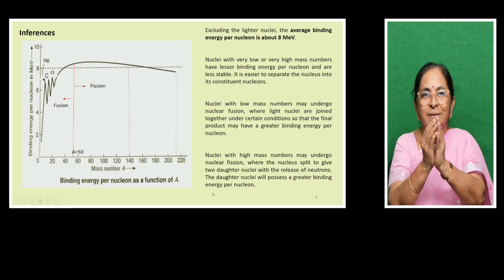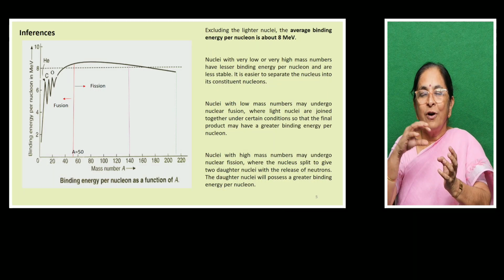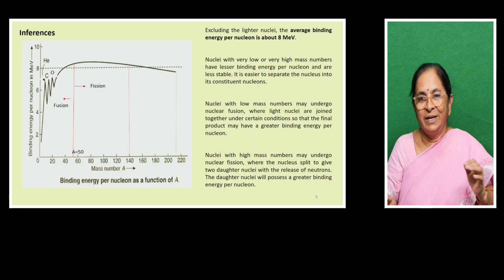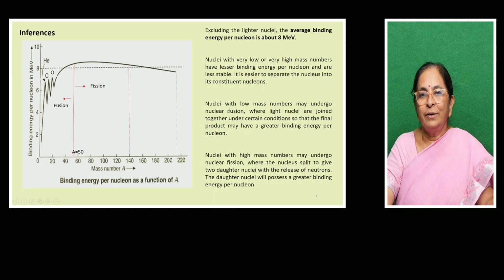the nucleus, just because its binding energy is less, gets split up and forms new nuclei which have more stability. In fission, the nucleus splits to give two daughter nuclei with the release of neutrons. The daughter nuclei will possess greater binding energy per nucleon, so daughter nuclei will have more stability than the actual nucleus itself.